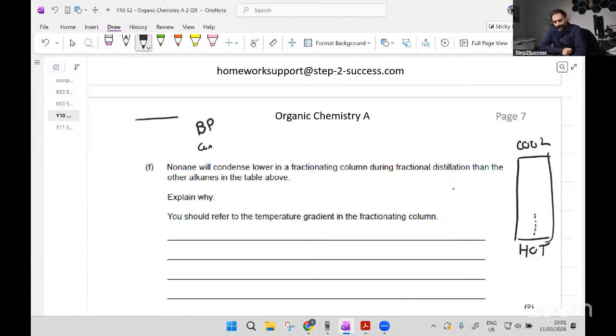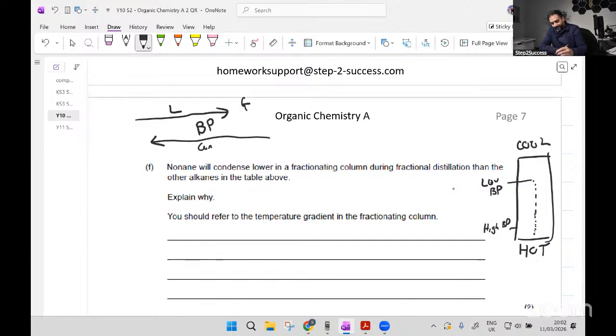If you're heating up a liquid, it becomes a gas. But if you're cooling a gas down, it goes back to a liquid at the same temperature, at that same point. So the fractions that have higher boiling points will condense lower down because it's hotter down there. A gas with a lower boiling point will condense higher up.